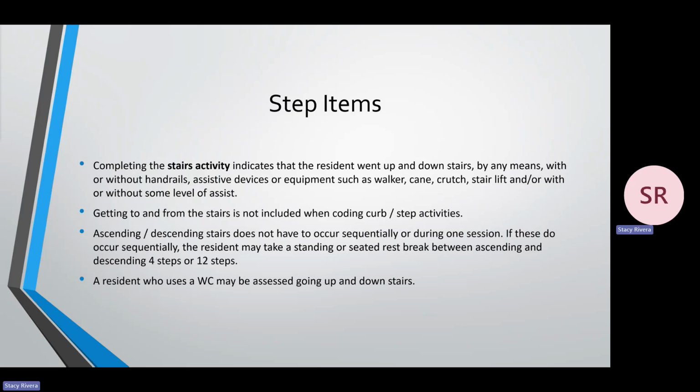I usually get some looks at that point about using a wheelchair to go up and down steps. If you look above a little bit, it says the resident went up and down stairs by any means. That means walking up and down with a stair lift, or using the handrail. For some of our residents, that means going home and bumping or scooting up and down on their bottom.